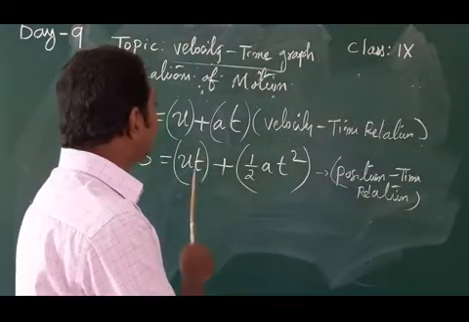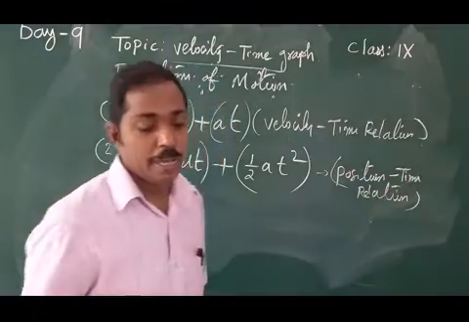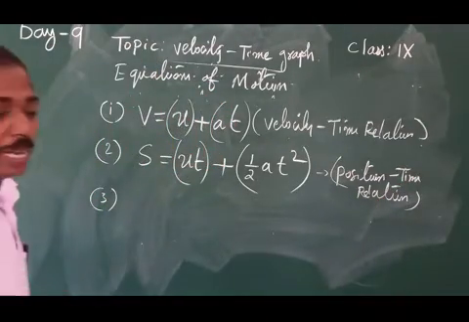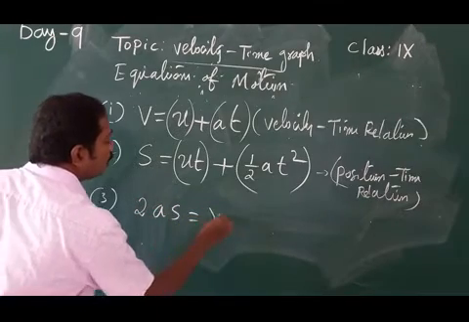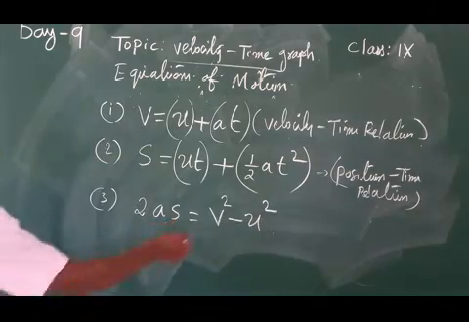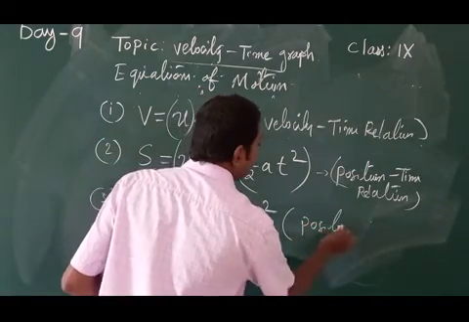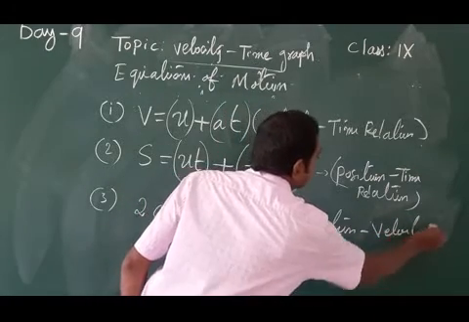Then time is an important factor, so we have the position time relation. The last one is the position velocity relation, that is 2as equal to v square minus u square.